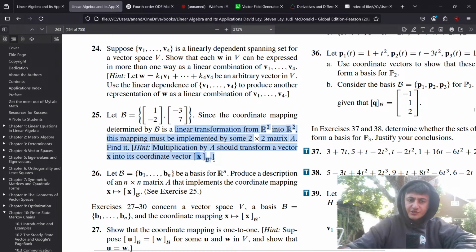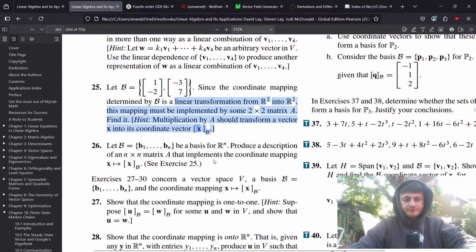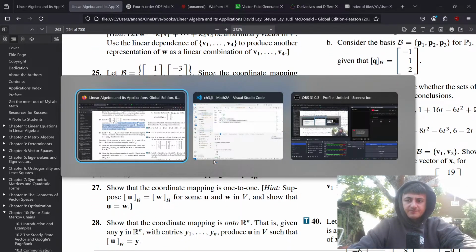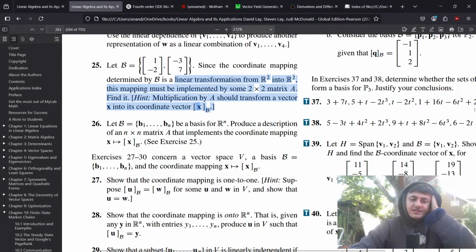Okay, 25 is good. It's just going to be B inverse, but still, if it's fast, it's just worth doing for the repetition. All right, 26. Let B be a basis for Rn, produce a description.